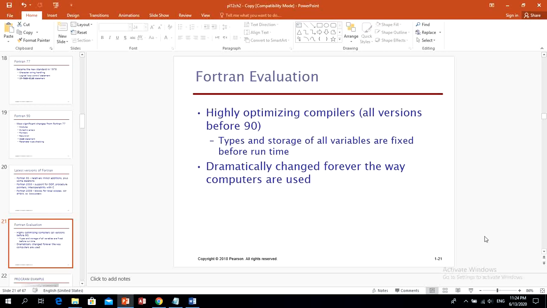All versions before 1990 are highly optimizing compilers. Also, the types and storage of all variables are fixed before runtime. So before runtime, these variables are placed into memory and saved into storage locations. Fortran is a very important language because it dramatically changed the way computers are used forever.